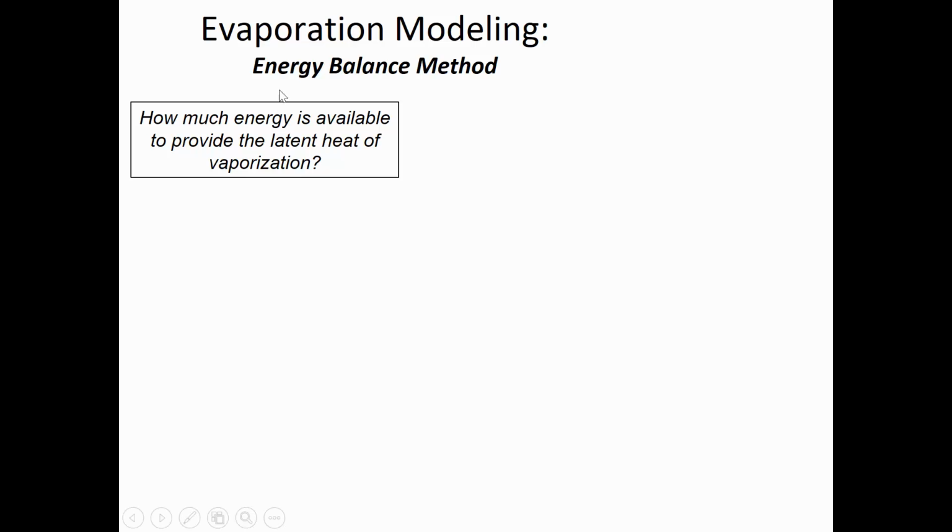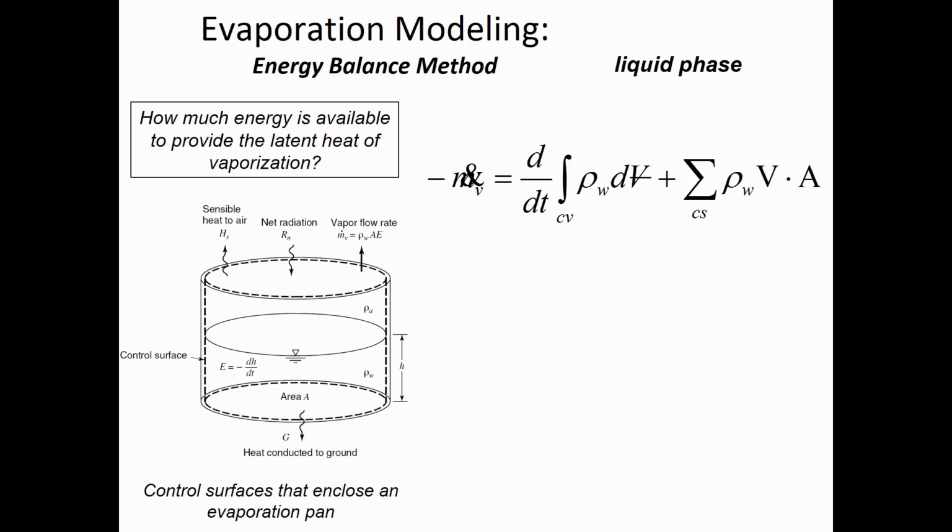Energy is one of those two factors. The energy balance method asks the question, how much energy is available to drive evaporation? The latent heat of vaporization was that 2.5 million joules per kilogram required to go from a liquid to a gas.